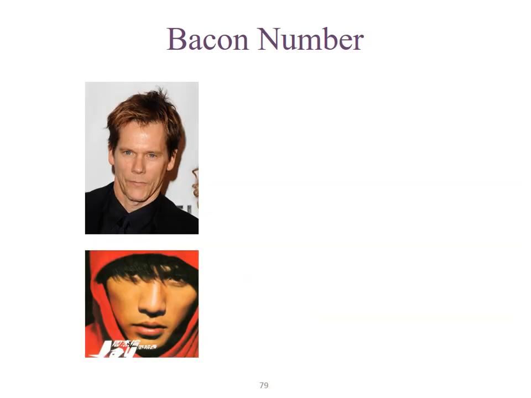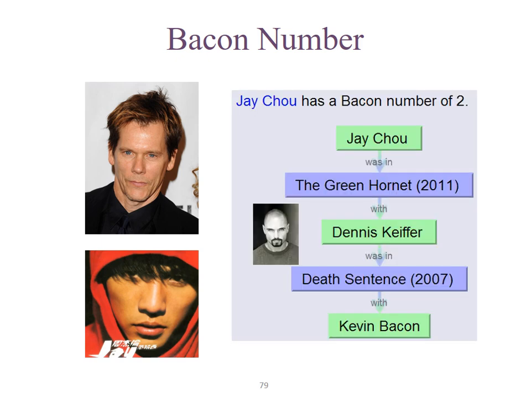For example, our famous Jay Chou and Dennis Kiefer are in the same movie, The Green Hornet. And Dennis Kiefer collaborated with Kevin Bacon in Death Sentence. So the Bacon number of Jay Chou is 3.